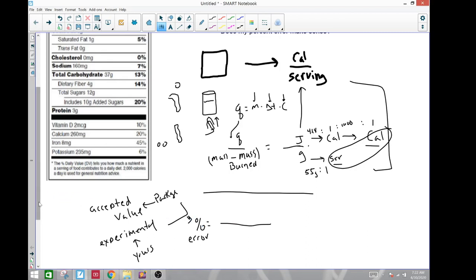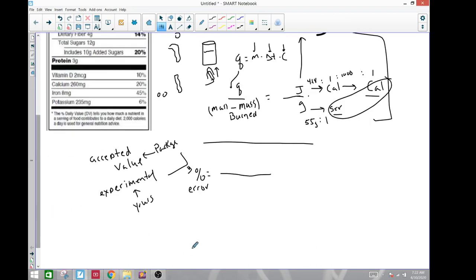Now, last thing is, does my answer make sense? There might be lots of error in my experiment. Is there a reason for a high percent error?